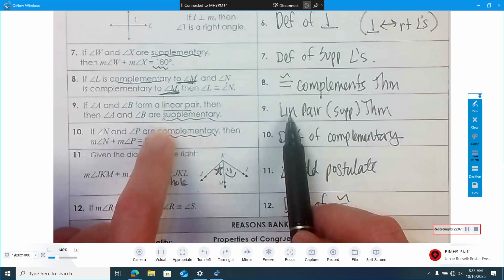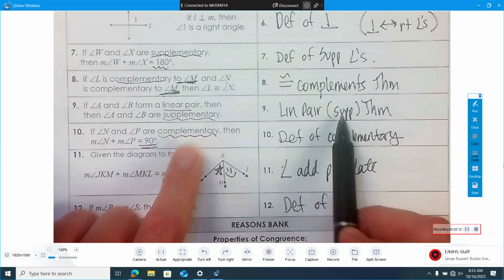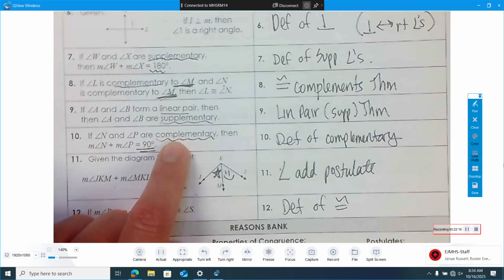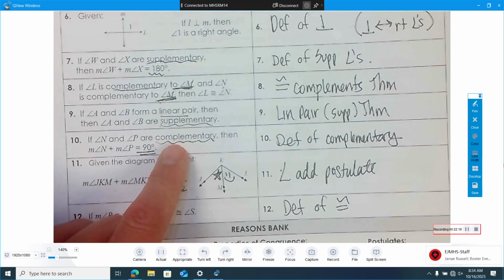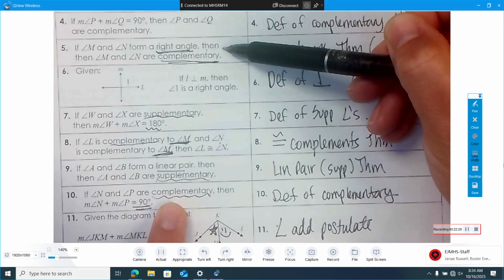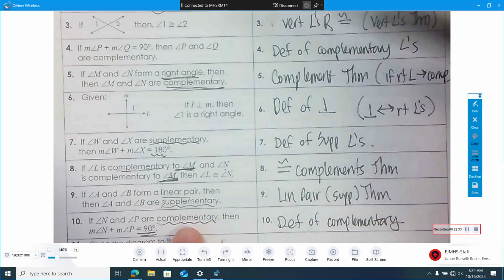Okay, so I said the complementary theorem and the definition of complementary. The complementary theorem is number 5, and the definition is number 10. What's the difference here?